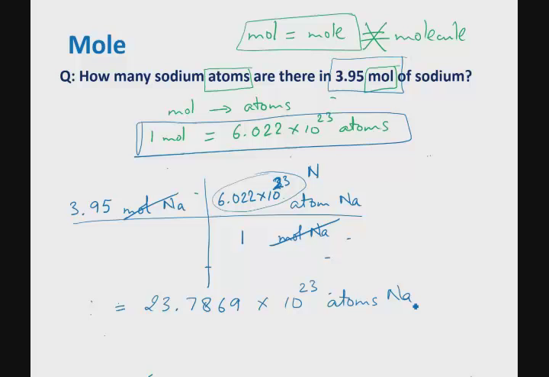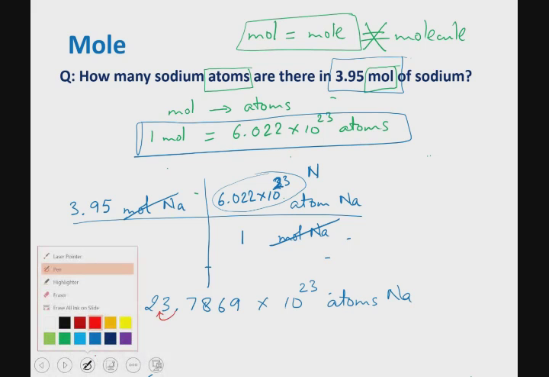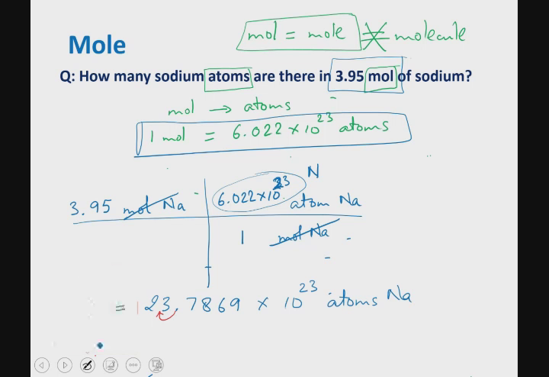Now this calculator answer, of course, is, number one, not in the standard scientific notation. So we do have to take care of that by moving the decimal point one place over, which will change the exponent as well. And number two, this answer is not accounting for significant figures. Please remember from previous sessions, conversion factors do not affect significant figures in your answer.